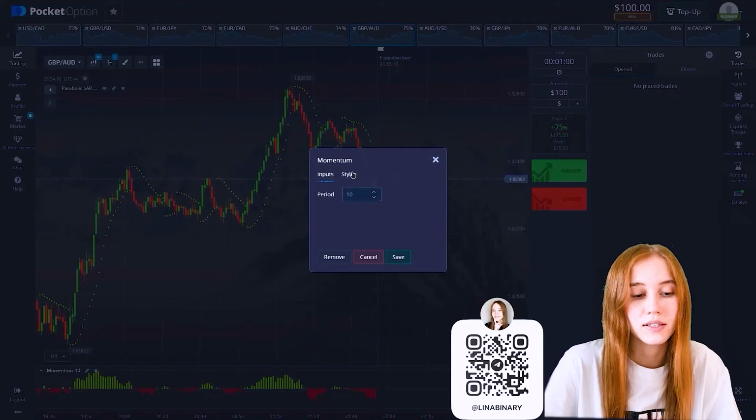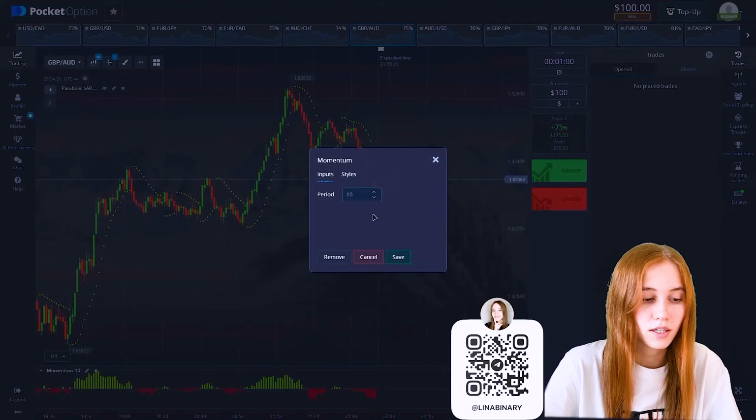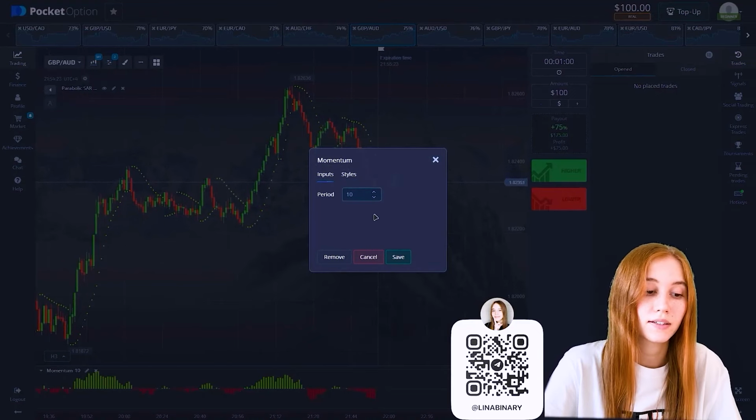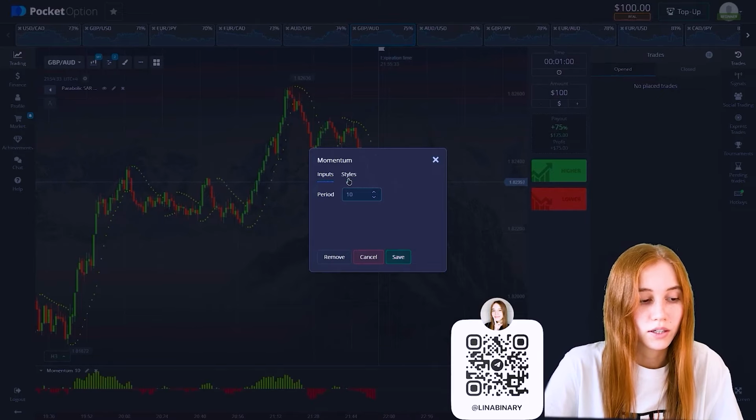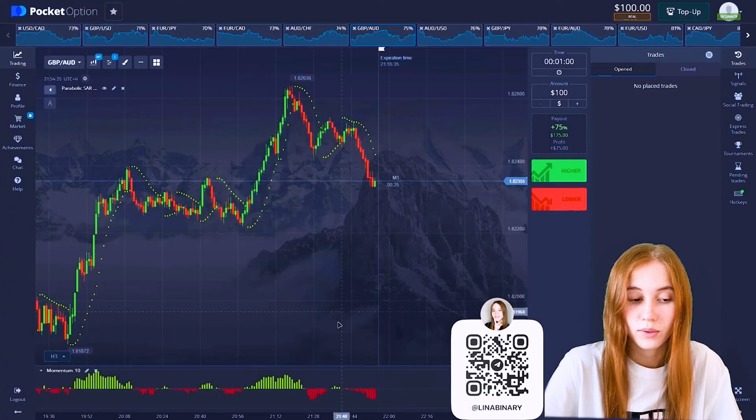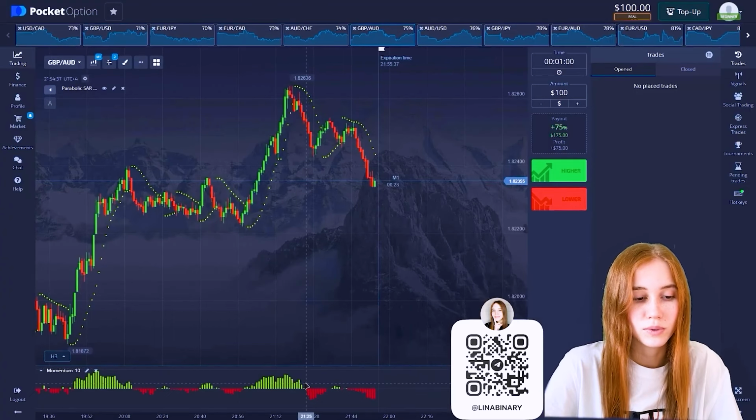What about the second indicator? This is the momentum indicator. You can copy the settings. In general, this indicator shows when volatility increases and when it decreases. This is when the market moves from a trend to a sideways movement and vice versa. What does this mean?